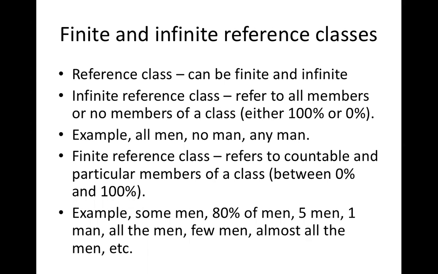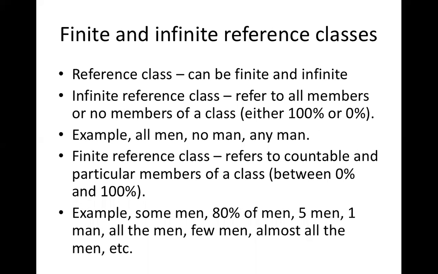That is why we say it is infinite. You can't count all men. You can't count any man. So it is uncountable. We say it is the uncountable reference class. That's why we call it the infinite reference class. All men, no man, any man.